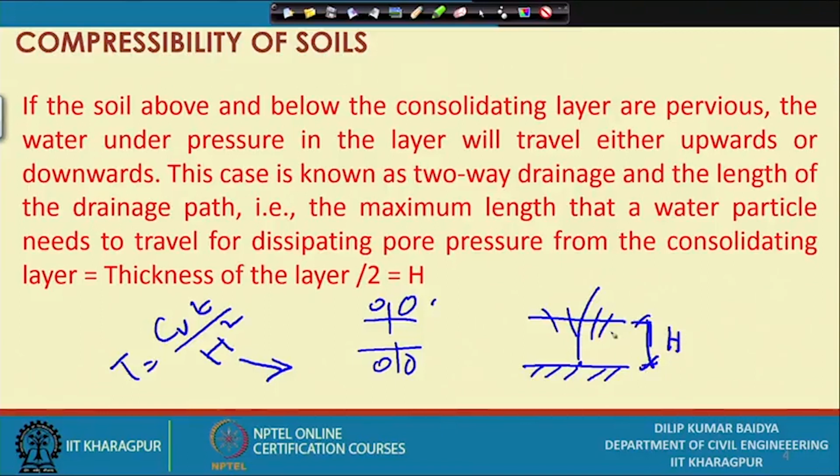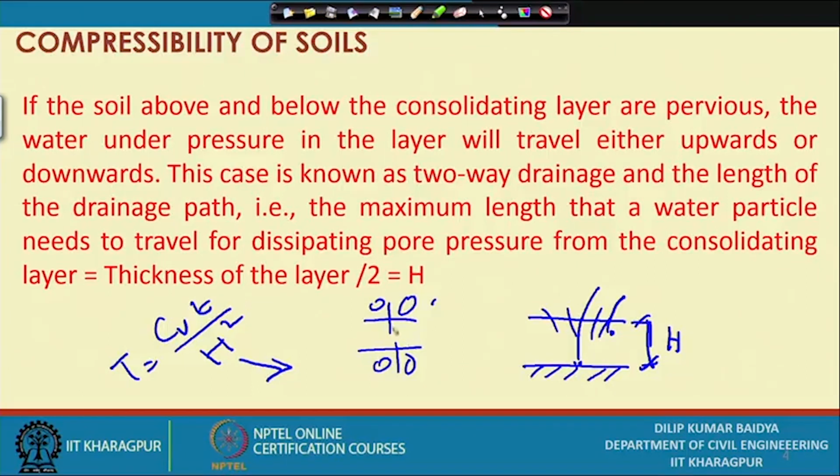So, the soil particle here, to dissipate, will travel this much distance, but at this point it will travel this much distance. So, the longest path is h. That means if the drainage is like this, one way impervious and the other side pervious, then the longest path will be the thickness of the layer.